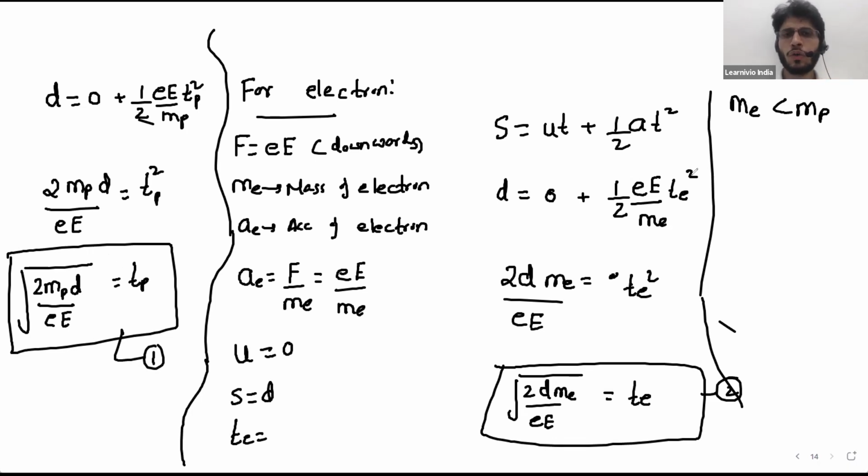So you can conclude easily that electron will take less time to move from one plate to another than proton, just because time depends on mass.